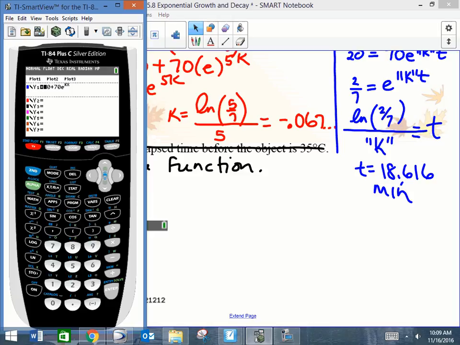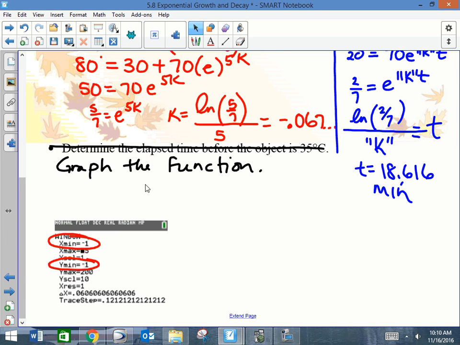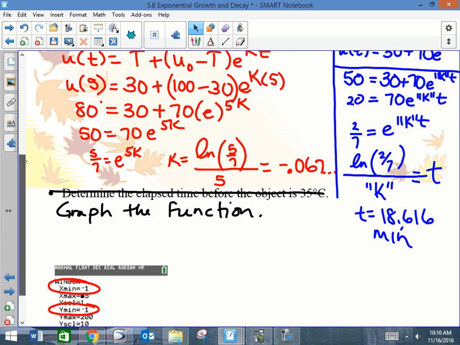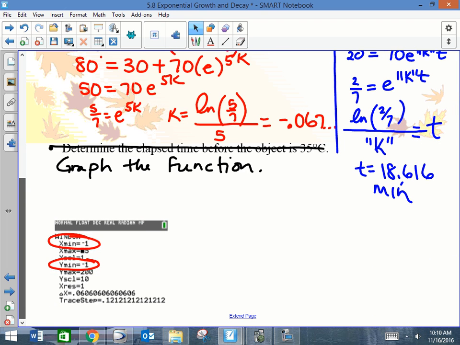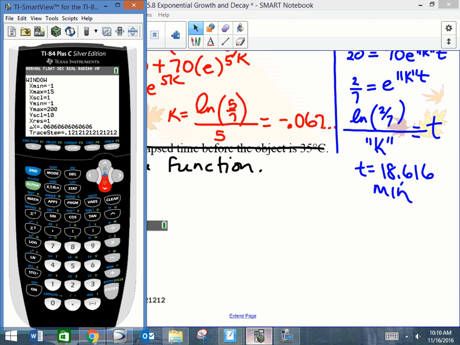Because if I put time 0 in, I'm going to get 70 here plus 30. So I'm trying to figure out my window, okay? My x, what did I talk about? I had 18 minutes come up. I didn't do another one, but let's make sure we accommodate at least that problem.